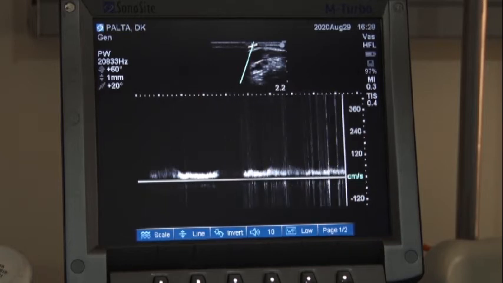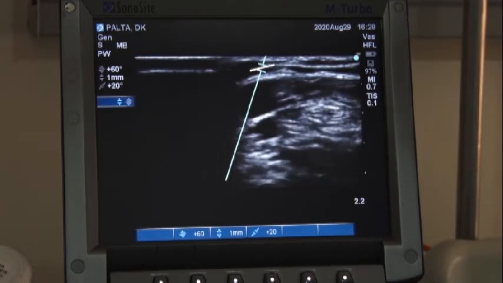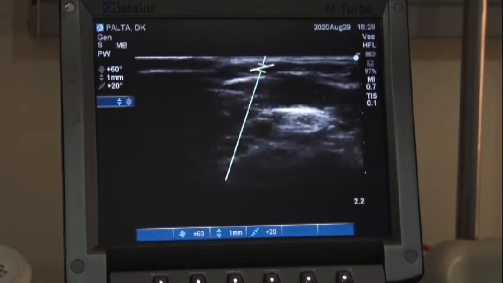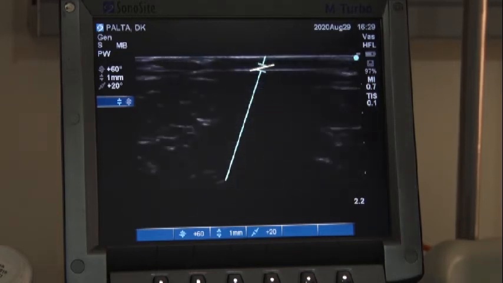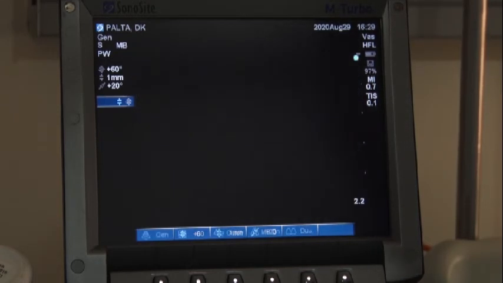Yes, it appears that the outflow is through the basilic vein of the arm. So we'll do one thing. We'll just follow this vein.